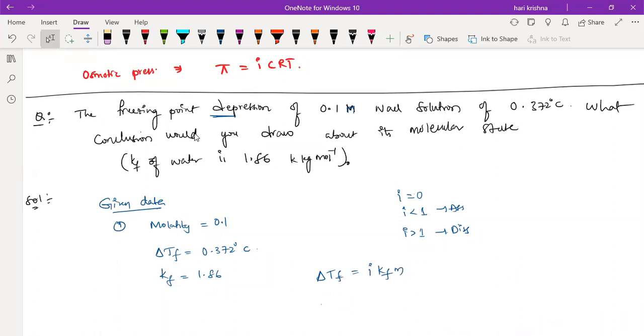So we know already delta TF, its value is 0.372 degrees Celsius, is equal to i into Kf, which is 1.86, molality is 0.1. Now can you tell me the i value here by calculation? You just solve it, I will come back within 1 minute, okay? Just tell me what is the i value and whether it is dissociation or association. I will join within 1 minute.